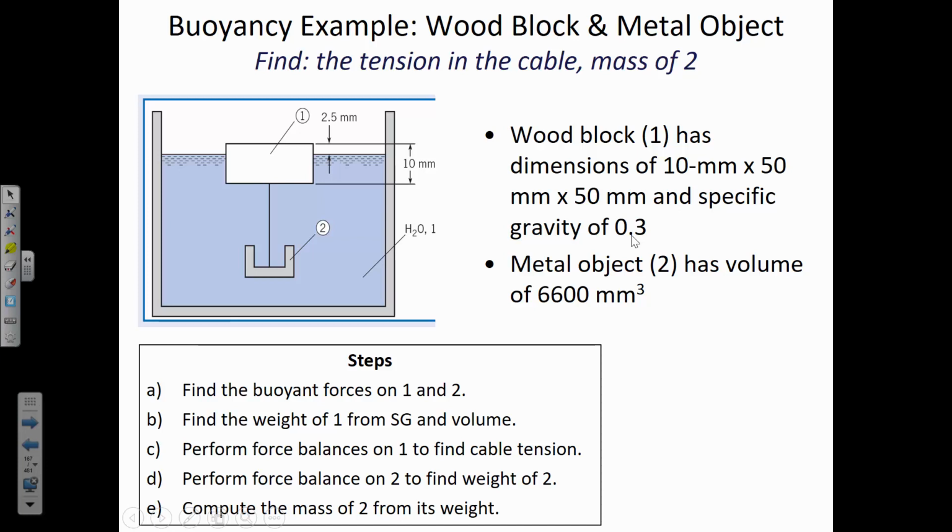So it's the volume displaced multiplied by the unit weight of what that submerged object pushed out of the way since it is where it is. And in this case, it's submerged in water.